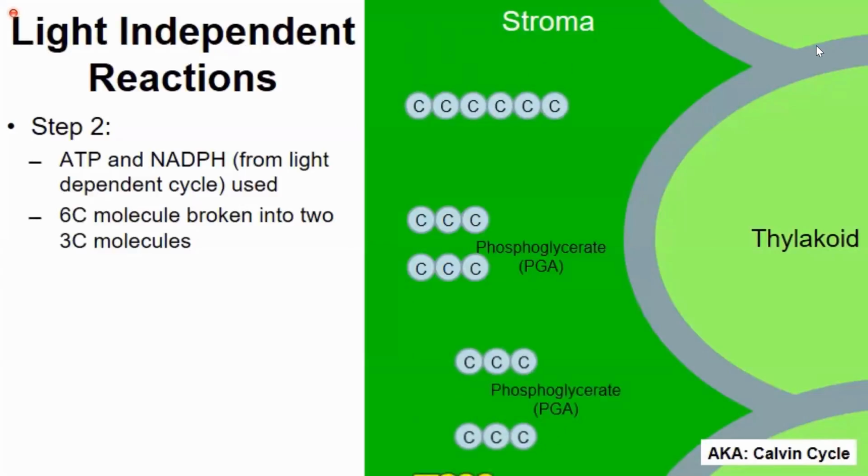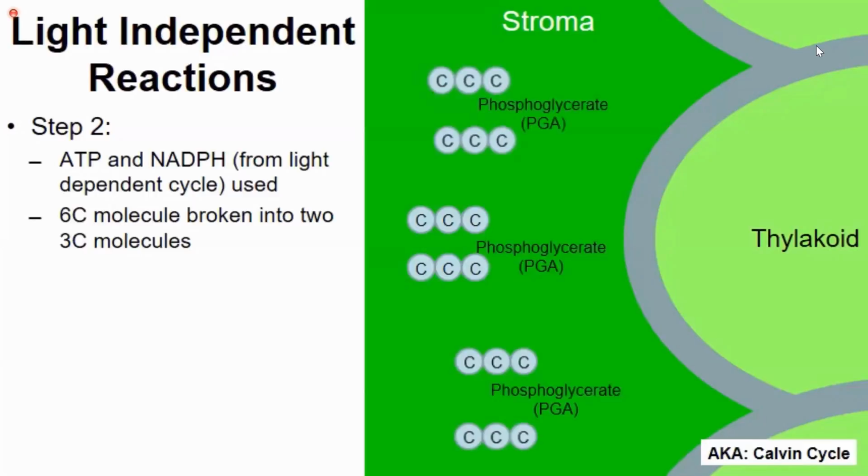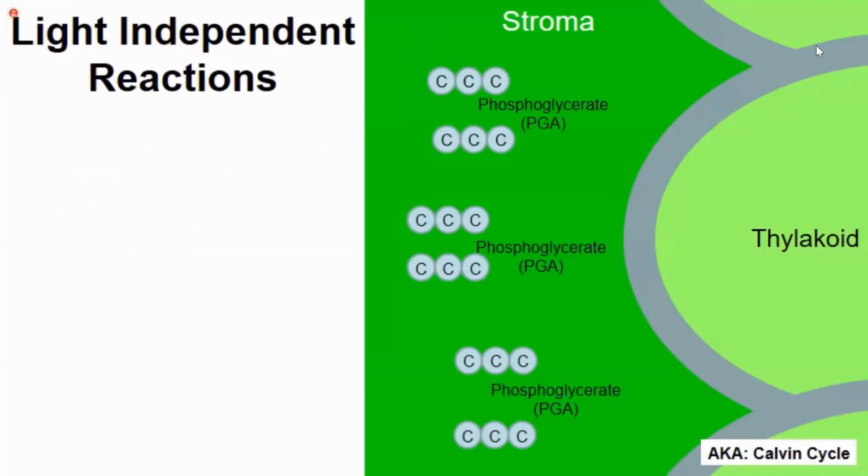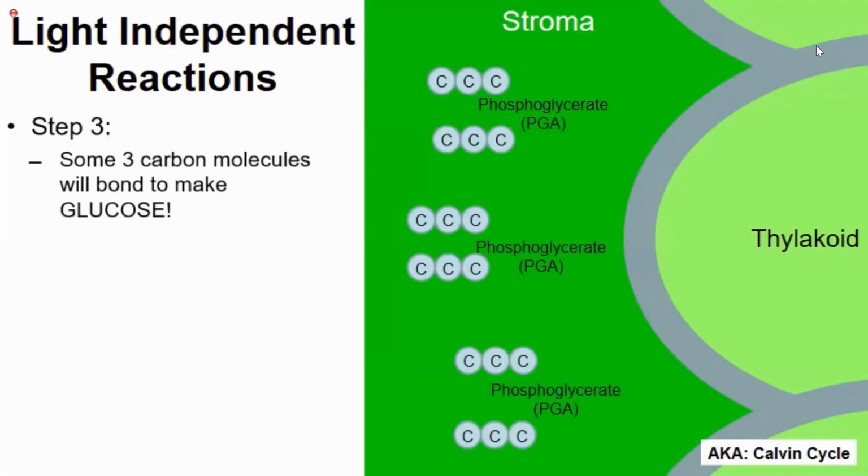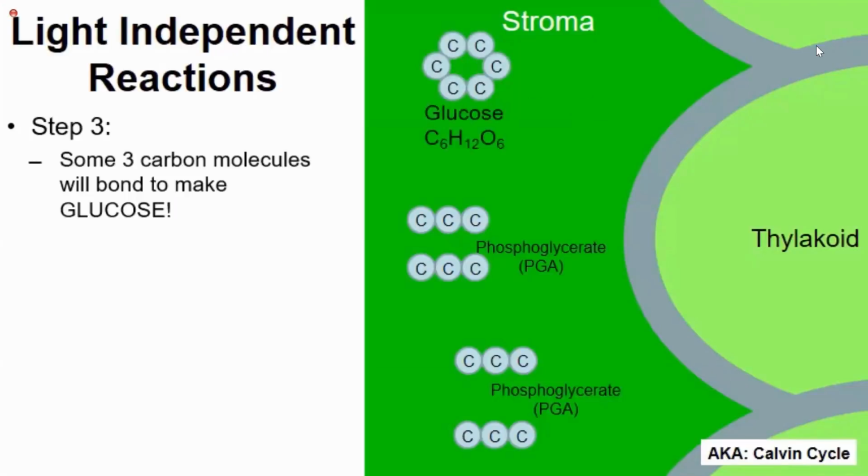And here's another 6-carbon molecule broken down by another NADPH and another ATP to make 2 more molecules of phosphoglycerate. So what happens with these phosphoglycerates? Well, some of those 3-carbon phosphoglycerates are going to bond with one another, and with the help of enzymes, they're going to bond to make simple sugars, such as glucose.